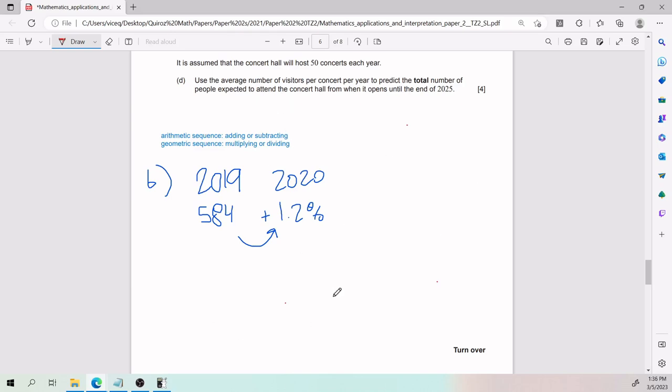And so essentially, we need to find how much that increase is. And so my favorite way to do it is that you say, okay, I'm going to take my 2019 amount and add to it the increase. How much is the increase? Well, my 2019 times 1.2%.